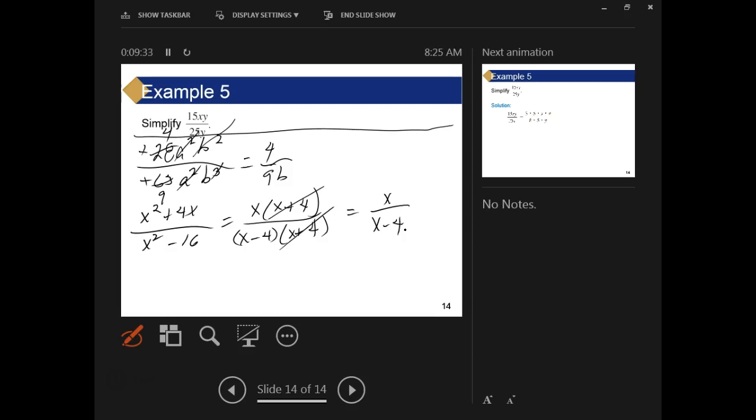How about the next one? 4a squared plus 12a plus 9 divided by 2a plus 3. What would be your approach here?